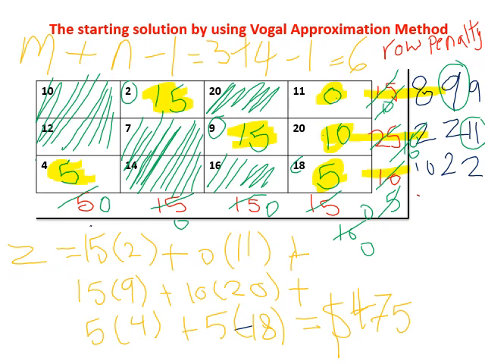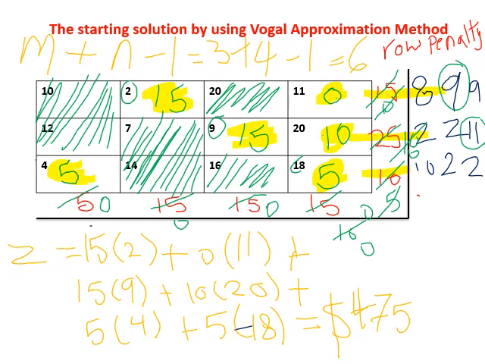So the Vogel approximation method enables us to get the final solution faster than any method, because it's already minimized the cost in the starting solution. So when we want to get the optimum solution using the Vogel approximation method as a starting solution, it will be better than any other method.